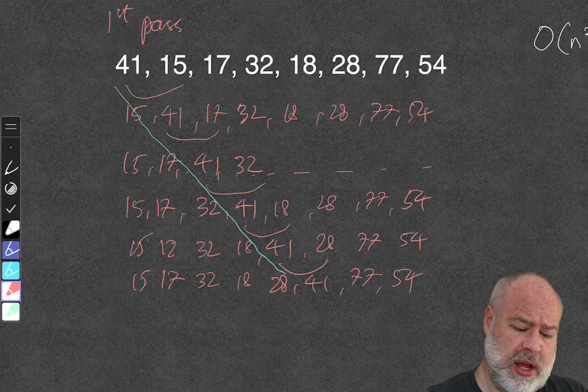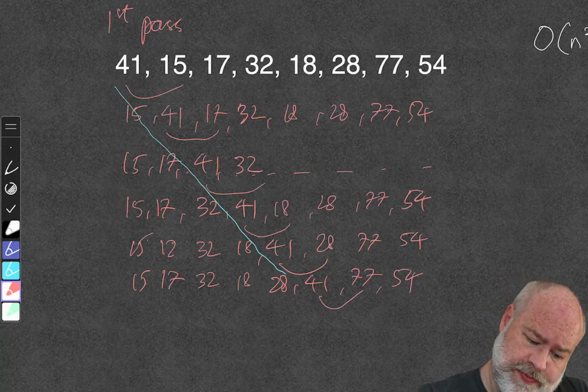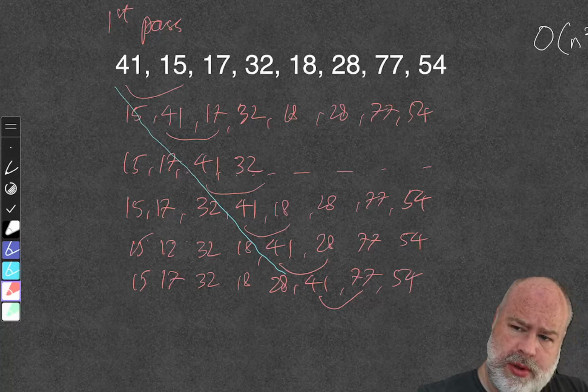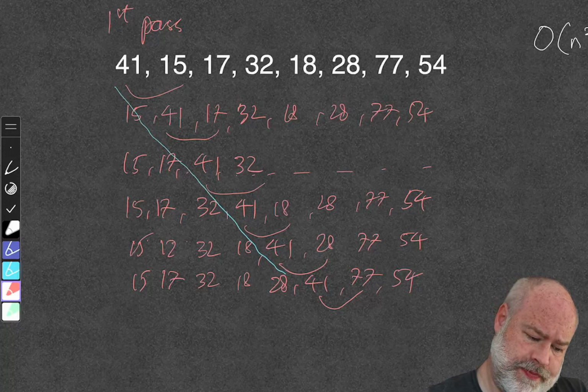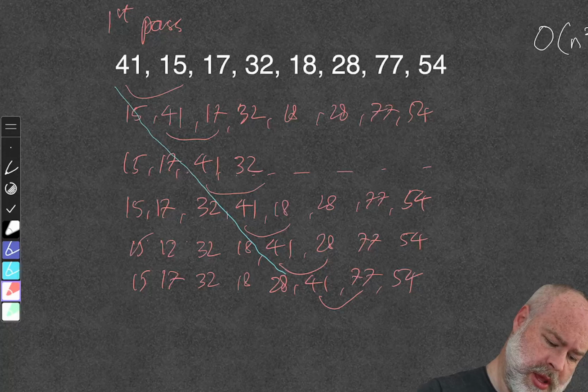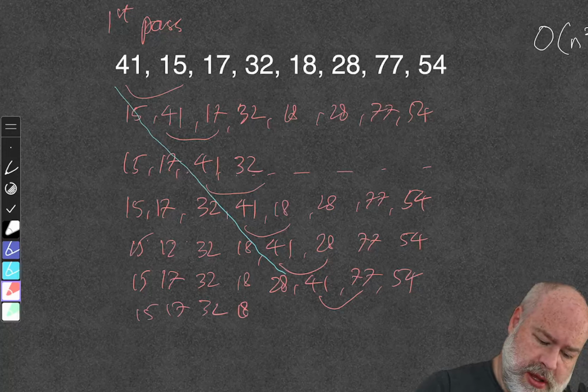This is still the first time our algorithm's going through everything. 41 and 77. Okay, well, those are already in the right position, so we don't need to change them. So I'm just going to write them all out again, just so it's easier to see.